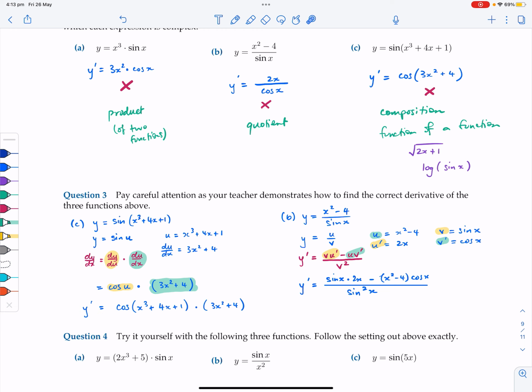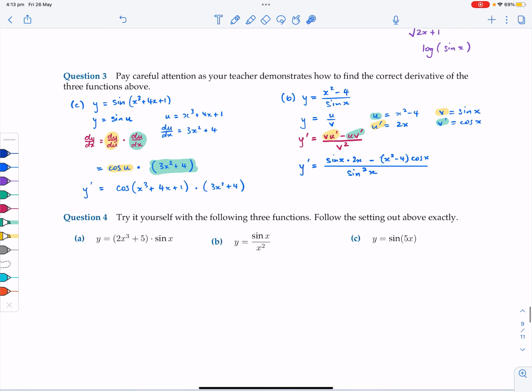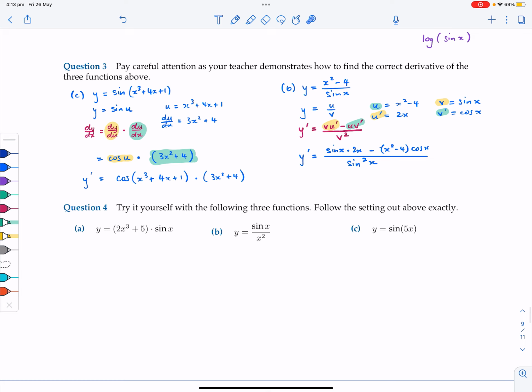All right, so that's an example of product rule, quotient rule, and chain rule. And now the opportunity in question 4 is for you to try it yourself, to follow the exact thing that we've just done. So you can pause for as long as you like and try it, and I'm moving on. So A. Right, I won't write the question, I'll just do it here.